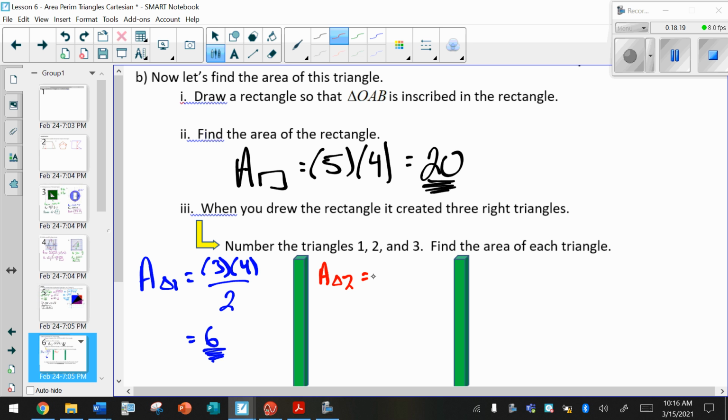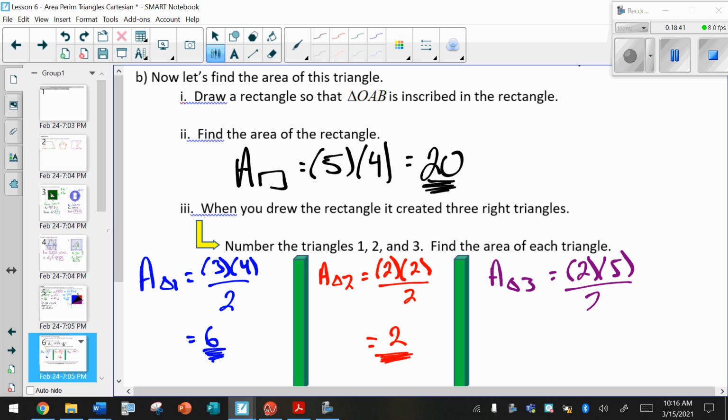The notation is important so that you can show accurate work and the person reading your work knows which triangle goes with which calculation. 2 times 2 is 4, divided by 2 is an area of 2. So I told you this is going to go quick. And then the area of triangle number 3, base times height divided by 2. 2's cancel out, and you get just 5. Or 2 times 5 is 10. 10 divided by 2 is just 5.